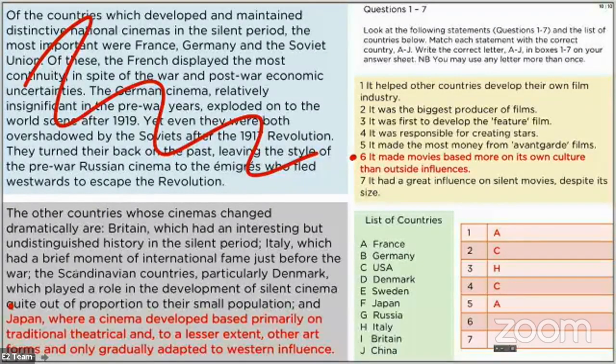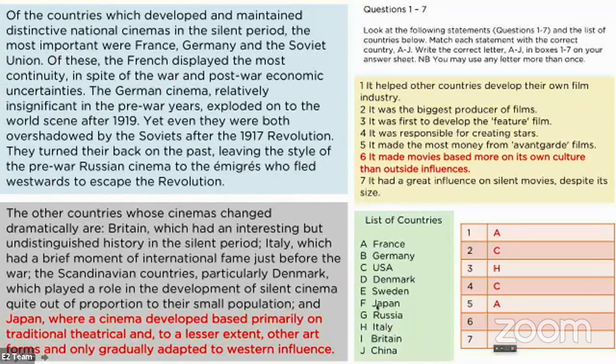Which country made movies based on its own culture rather than outside influences? Japan, where cinema developed based primarily on traditional theatrical and to a lesser extent other art forms and only gradually adapted to Western influence. These two things say the same thing, but in different words. Where's Japan here? It's F, so we're going to write F in here.